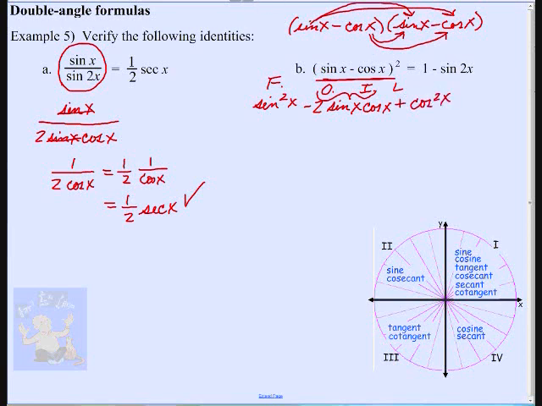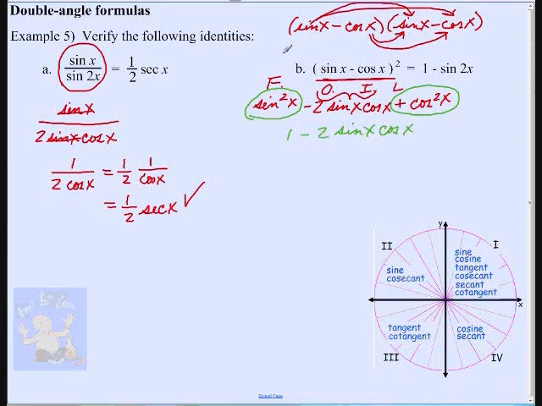Ooh, I love it when that happens, because this plus this is the Pythagorean identity, and it's equal to 1. So that's 1 minus 2 sine x cosine x.